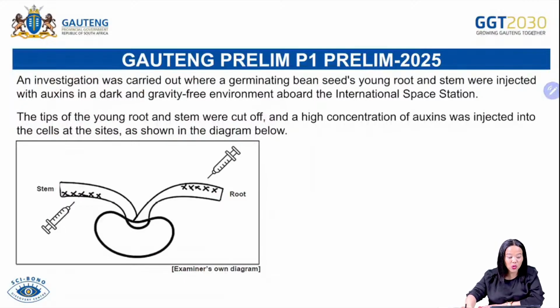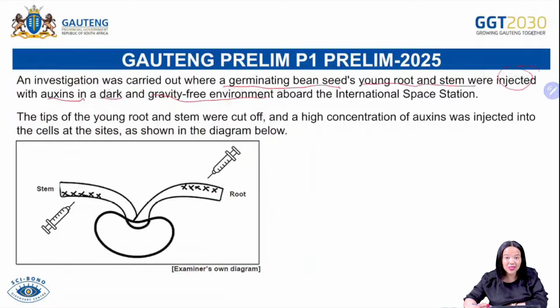So here, grade 12, there are a few things that you need to be careful of. They were injected with auxins, and this happens in the dark. That simply means the effect of light was eliminated, and also in a gravity-free environment.